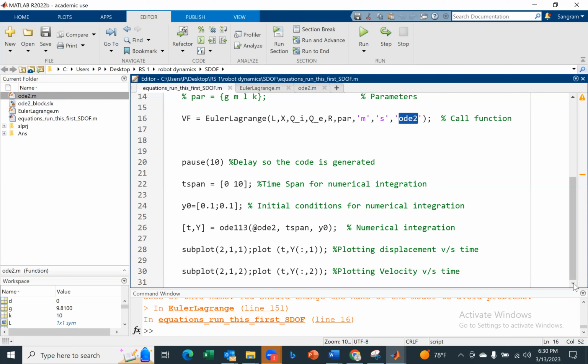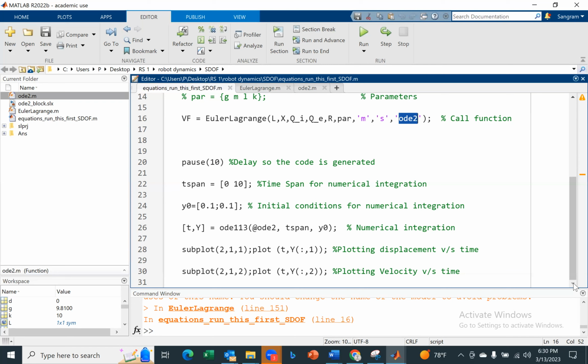Then I'm using this function ODE113. This is a standard MATLAB solver. You can use ODE23, ODE45, or any other MATLAB solver. ODE113 is one of those. Remember, our equation is written in ODE2.m. That is the name of the function where my equation is written in the first order form.